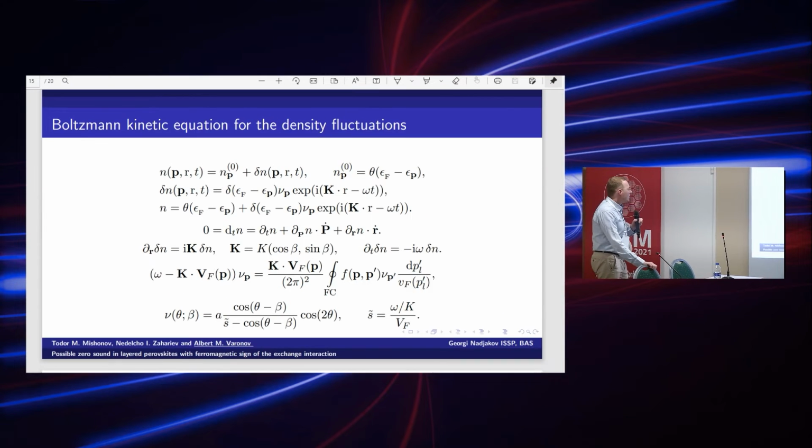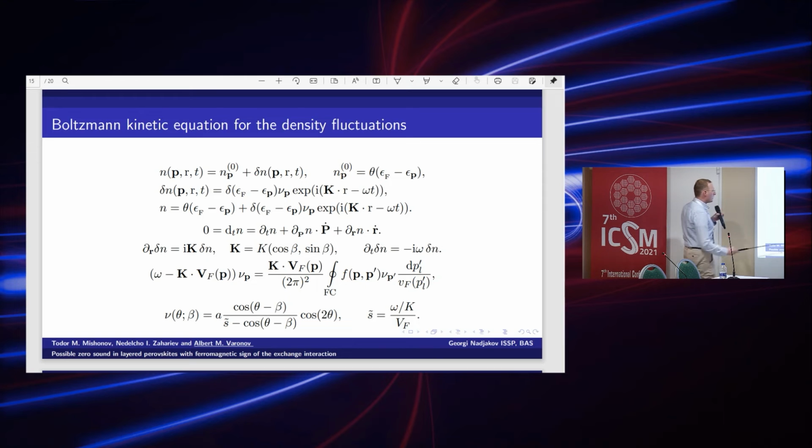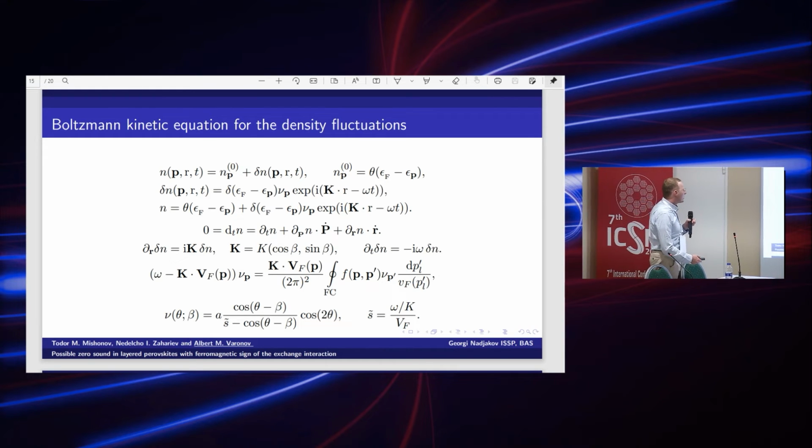And to solve this, after we have the Fermi liquid reduction, we solve the Boltzmann kinetic equation for density fluctuations, having the ansatz of waves with amplitude nu p, and finally obtaining the result for nu as a function of the angles beta and theta. Beta is the angle along the wave vector of these small perturbations.